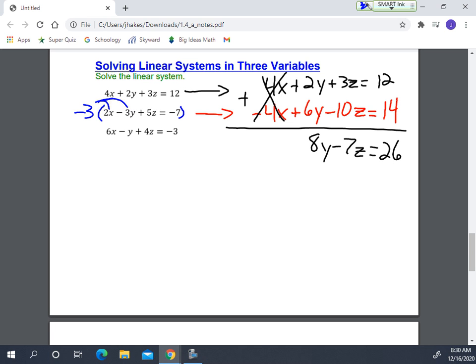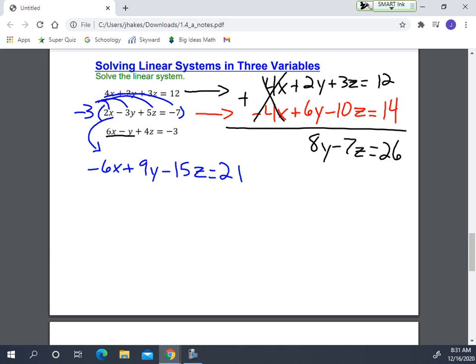But I have to multiply that negative 3 to every single piece here. So I get negative 6x plus 9y minus 15z is equal to 21.